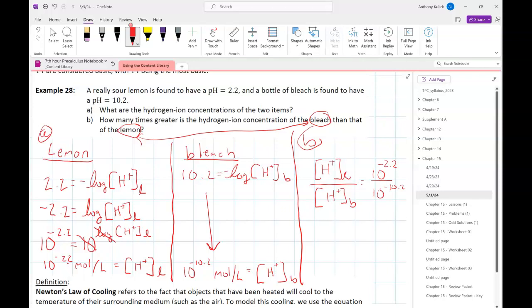Everybody's okay with what I've done to fill in? What do I get when I simplify 10 to the negative 2 divided by 10 to the negative 10.2?